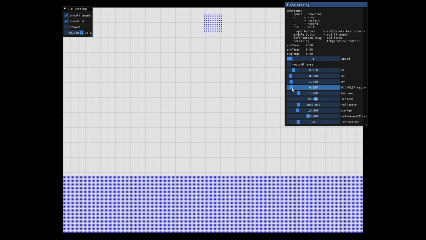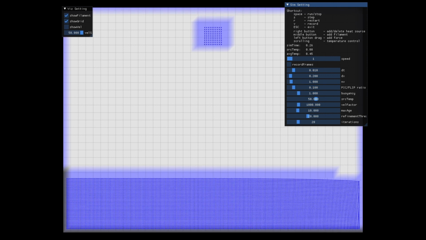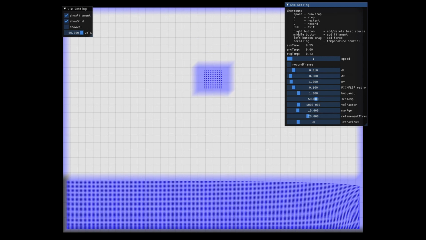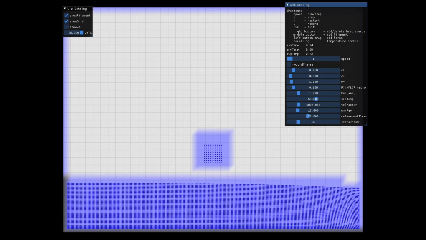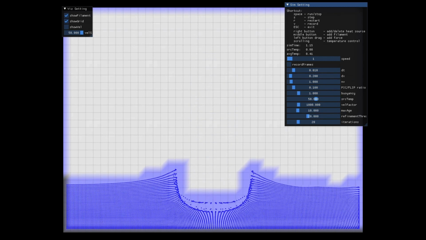Next, we see the results of having a higher pick ratio, which makes the fluid more viscous, resulting in more dampening and less random motion.